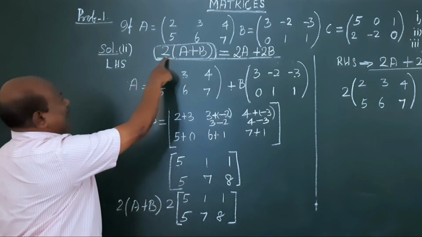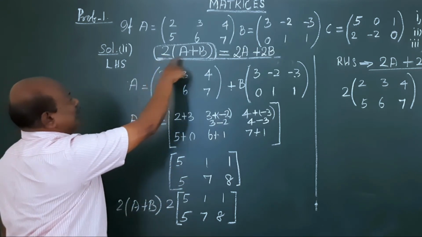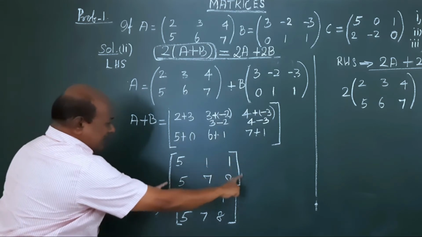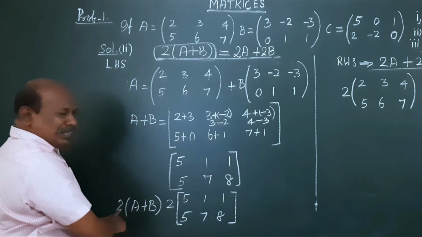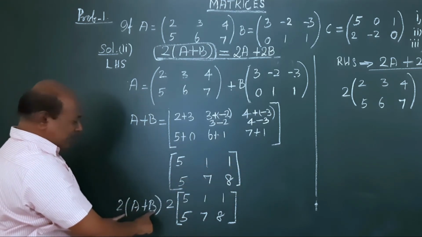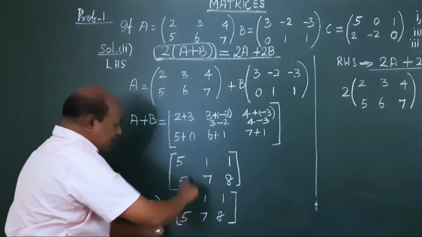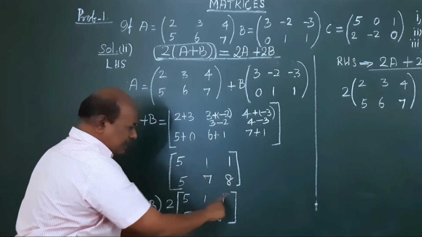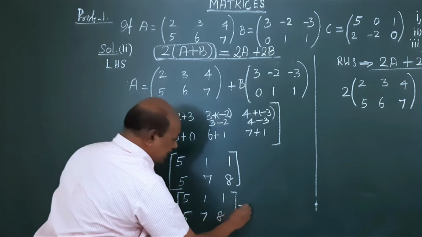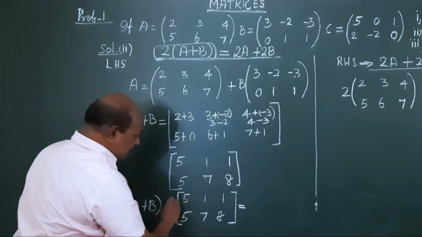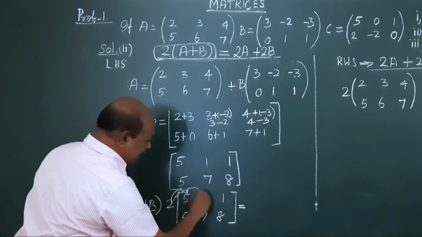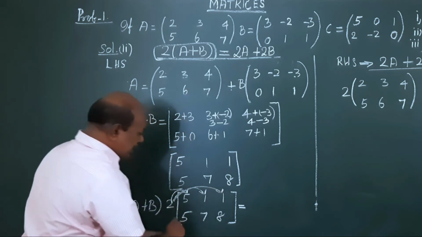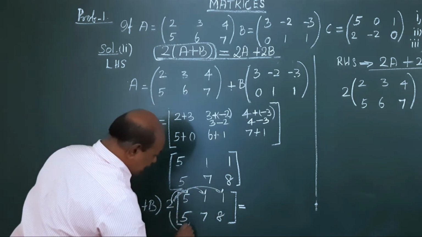Now we have to find 2 into A plus B. This A plus B multiplied with the 2. That is 2 into A plus B. Now it is equal to this 2 multiplied with every element in A plus B. Like that here.